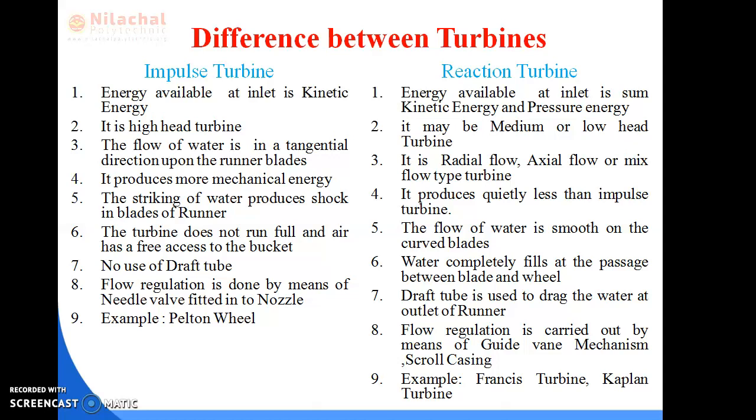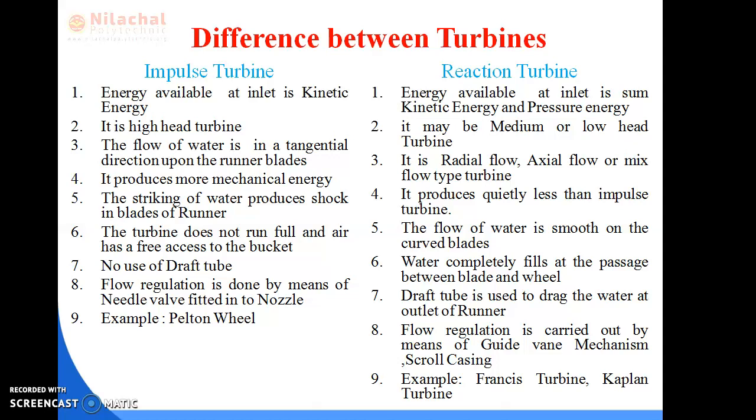In case of impulse turbine, we are going to use a spear regulating device. While the water enters the turbine unit from the penstock, there is a spear or flow regulating device used.